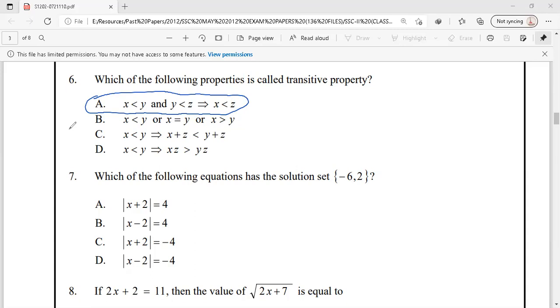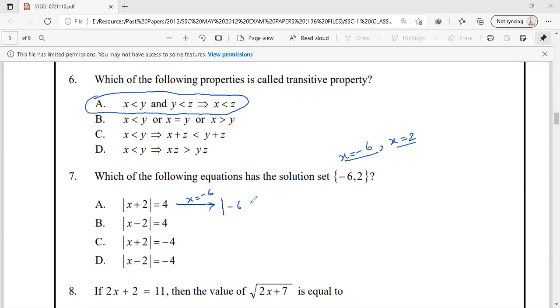Then question number 7, which has the solution set minus 6 comma 2, x equals minus 6 and x equals 2. So if we put the values one by one in our options, we can find the solution. So first of all, let's take this one and put x equal to minus 6.